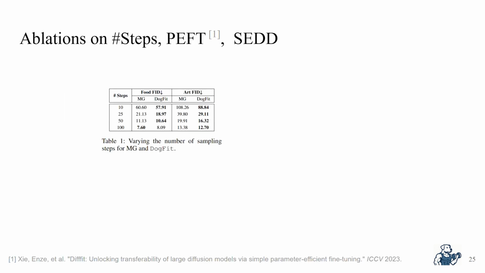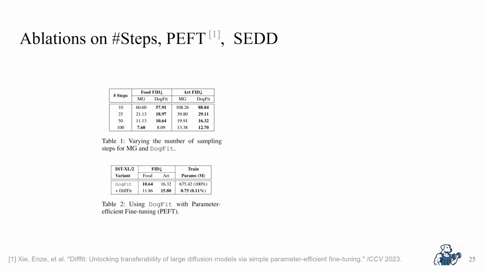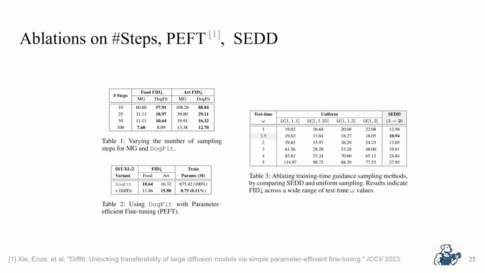Our ablations cover testing the robustness of DogFit under a varying number of sampling steps, showcasing the orthogonality of DogFit with parameter-efficient fine-tuning methods, and comparing the shifted exponentially decaying distribution for sampling the guidance value with uniform sampling across different ranges.